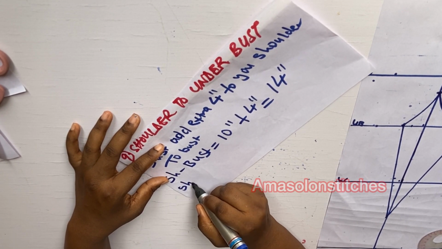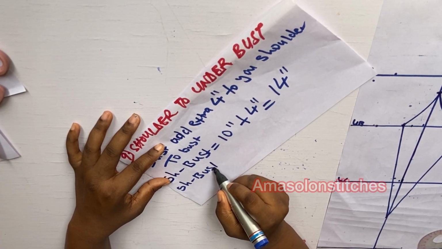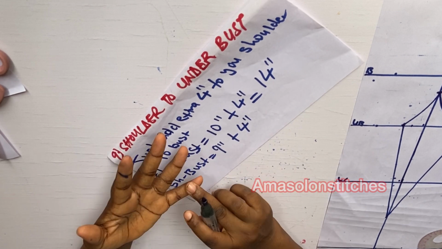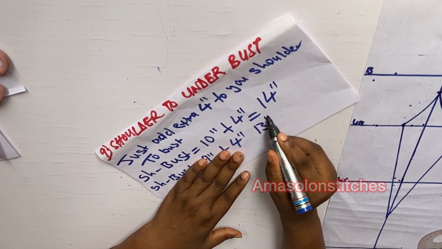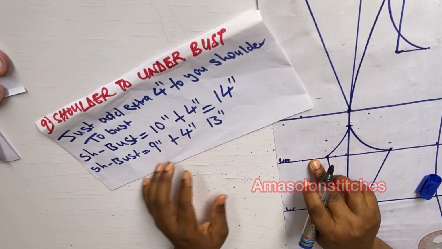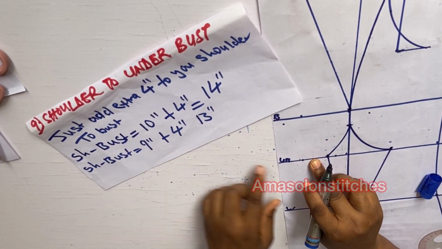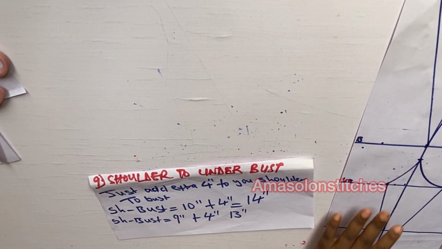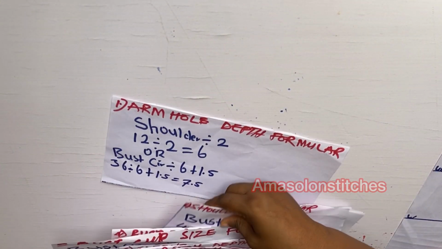Shoulder to bust is 9 inches. Add 4 inches to this, and it's going to give us 13 inches. So this person's shoulder to under bust is 13 inches. Just add 4 inches to whatever shoulder to bust point you have, and you have your perfect shoulder to under bust measurement.